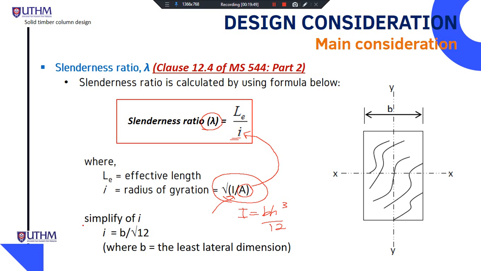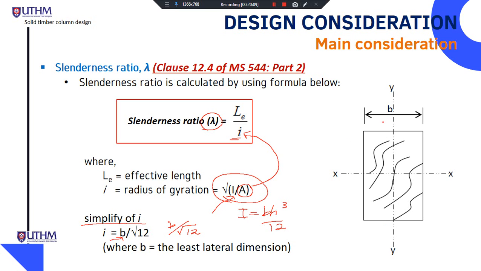We can also simplify the radius of gyration to equal b divided by the square root of 12, where b is the least lateral dimension, so the smaller dimension of the cross-section.